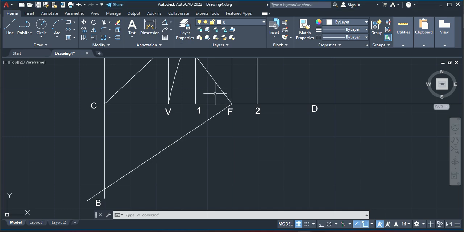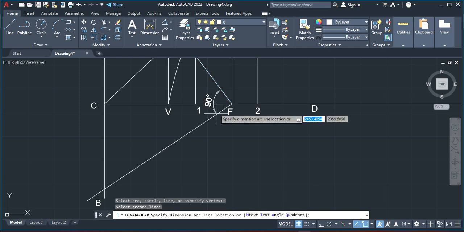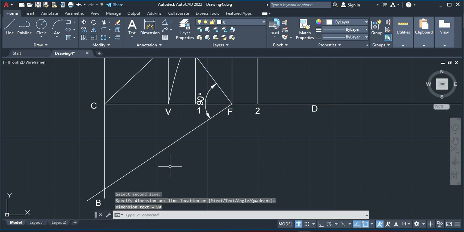If you want, you can check the angle of this. It should be 90°.